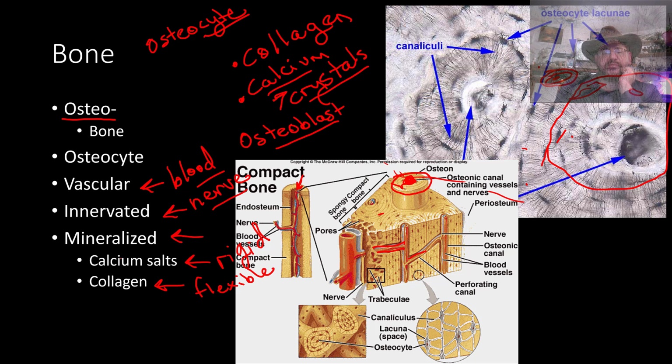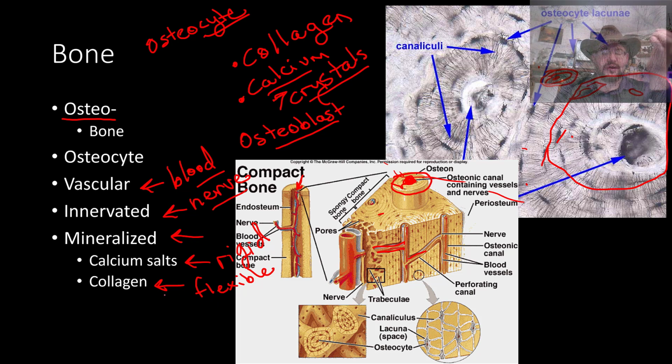So if you have bone that has defective collagen, you have rigid bone, but it's very brittle. Whereas if you have bone that has defective minerals, the calcium salts aren't forming right, you have very flexible, soft bone. So you need them both to have a strong bone.